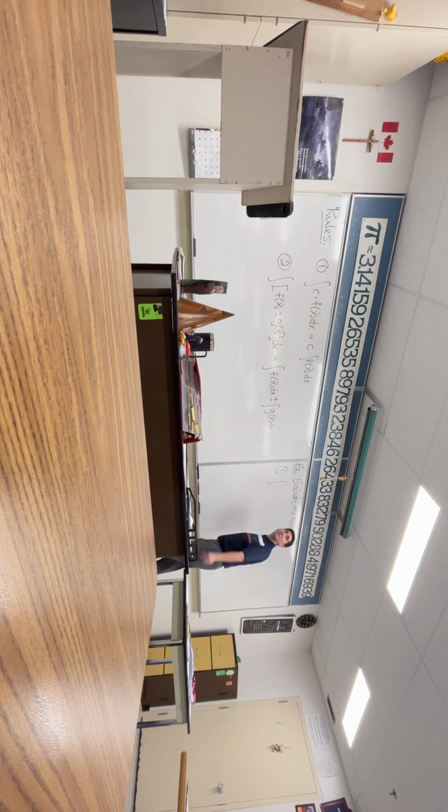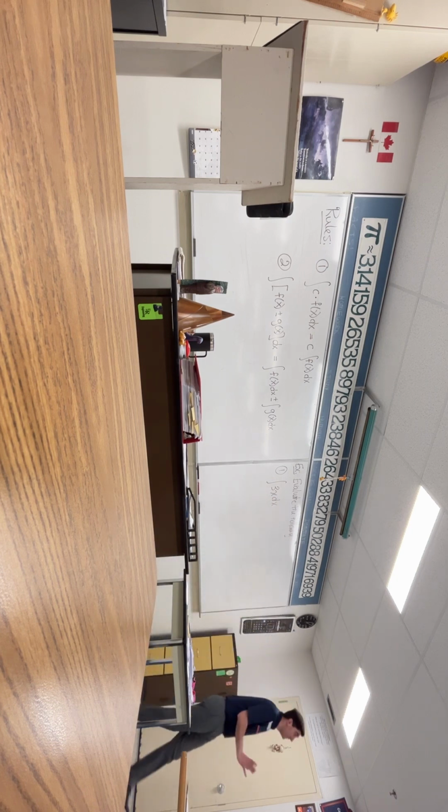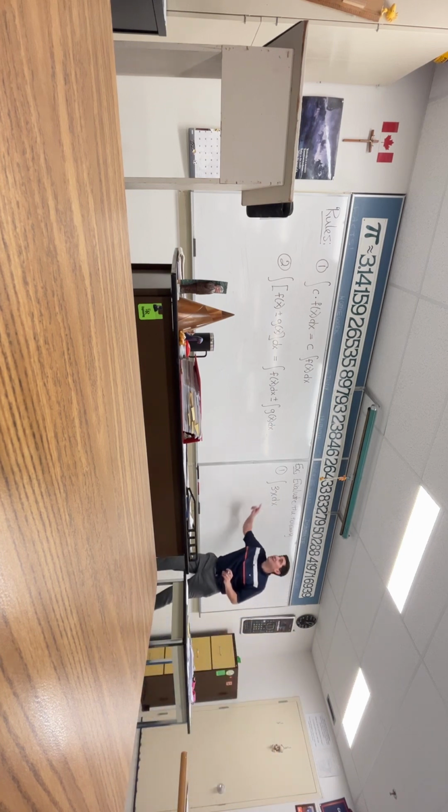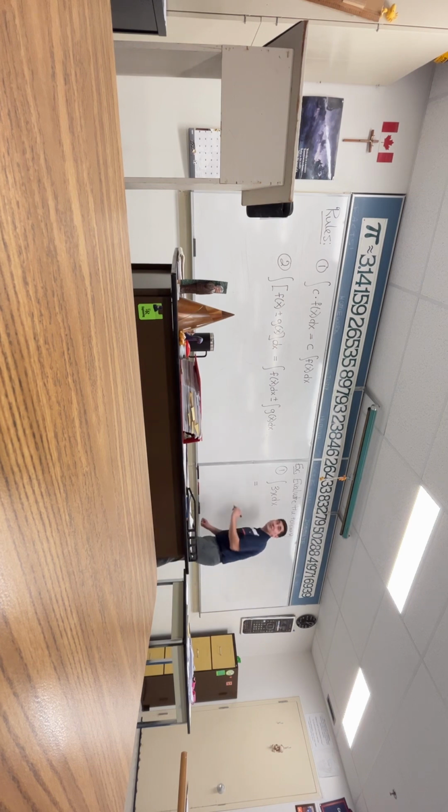So let's say that we have the following. The integral of 3x dx, okay? So all this is saying is, hey you, antidifferentiate 3x, okay? Well, the antiderivative of 3x is just 3 times the antiderivative of x.